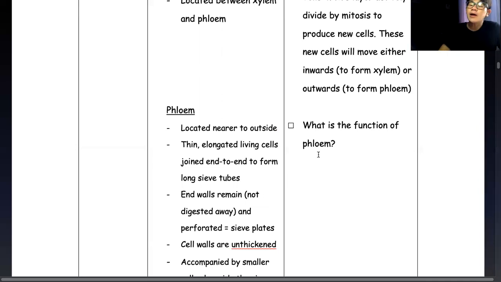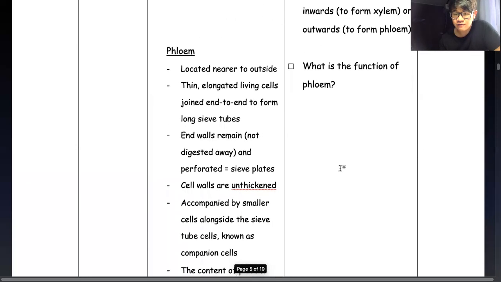Okay, so if you don't get it, you can easily rewind back. Okay, so that is the function of phloem.